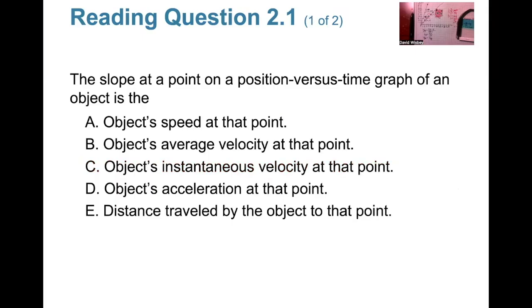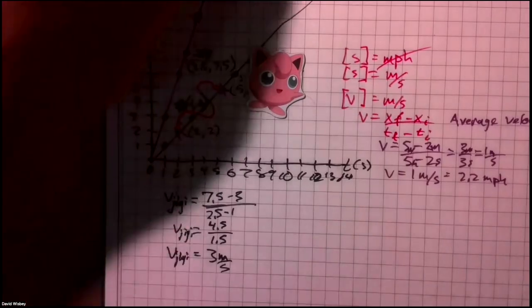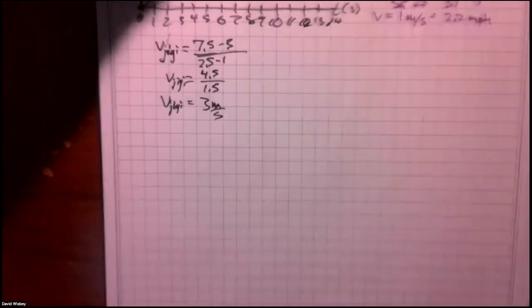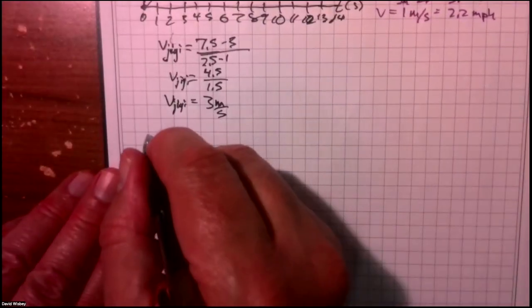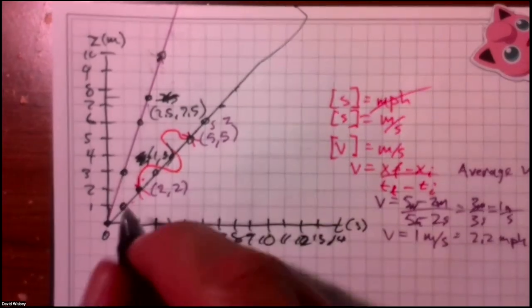Actually, you know what? Let's go back. I want to talk about the difference between instantaneous velocity and average velocity because I really don't like this question. I think they oversimplified the answer here. Let's say we had another position versus time graph.